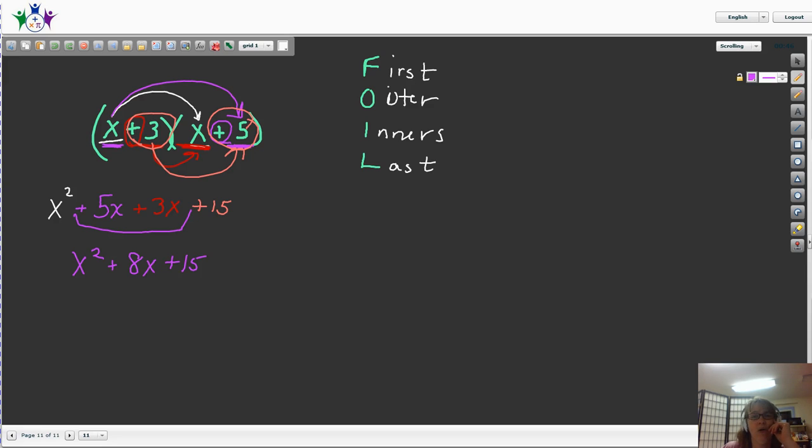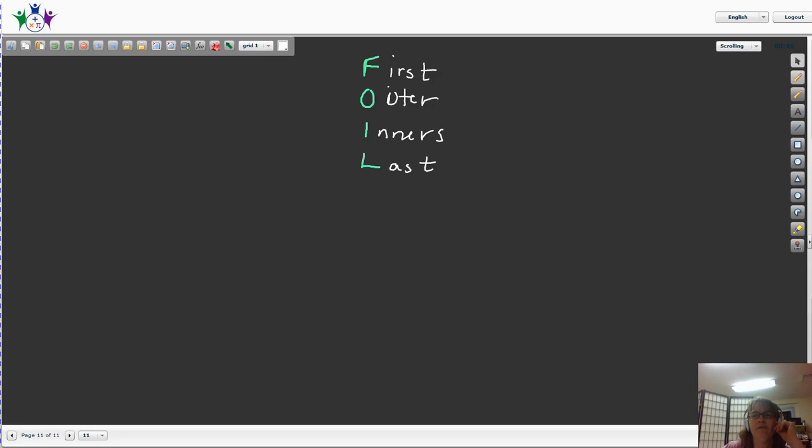I do want to do some other examples. Let me delete that and rewrite. Let's do some different ones. I'm going to use the same numbers, but we're going to change the signs a little bit.